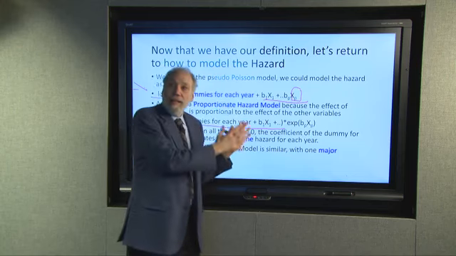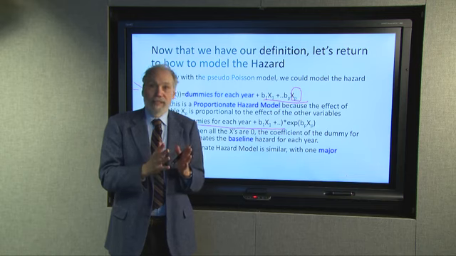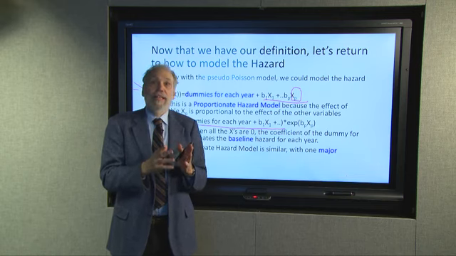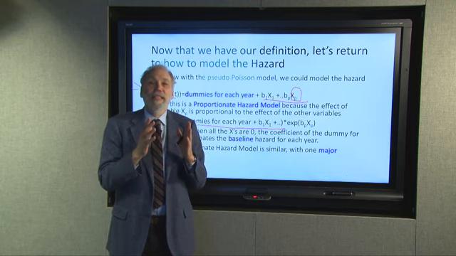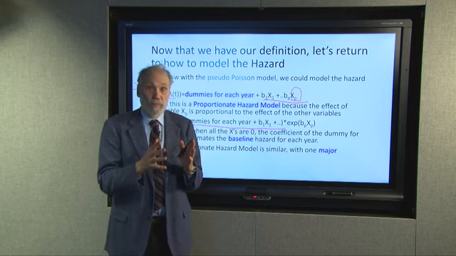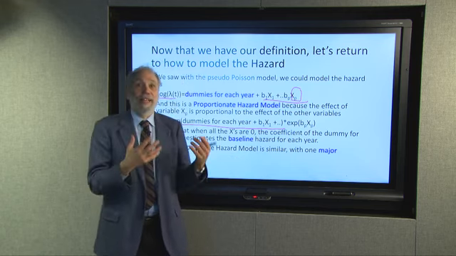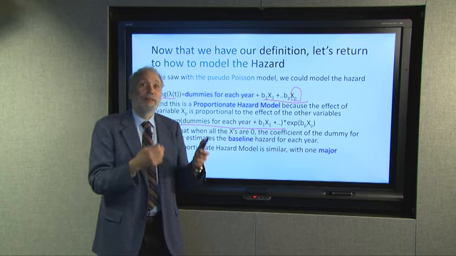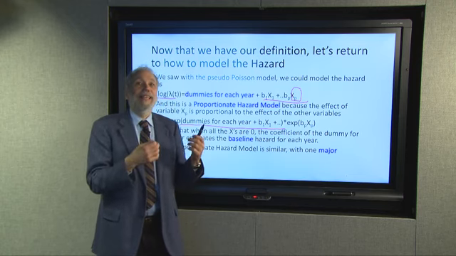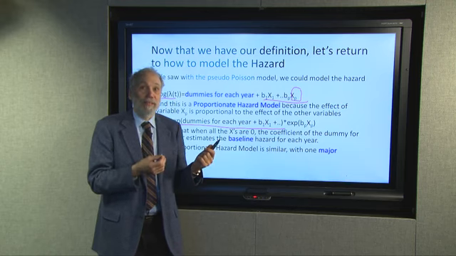Now, the baseline hazard by this definition is the value when every one of the x's is 0. And this comes back to a theme that I've mentioned before, which is that it is important to center some of your variables.